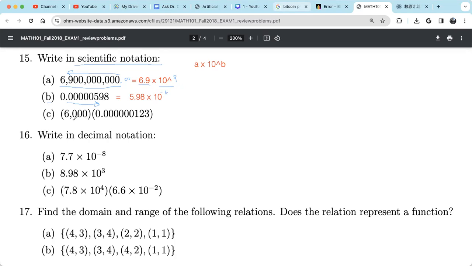Well, now let's say C. For C, we need to multiply 6 with 1, 2, 3 first. Well, 6 times 1, 2, 3, let's write down the number first. So 1 times 6 is 6, 2 times 6 is 12, carry 1, so that becomes 7.